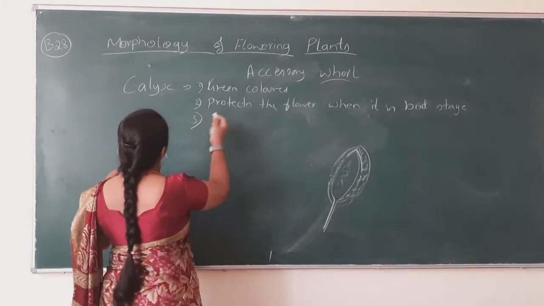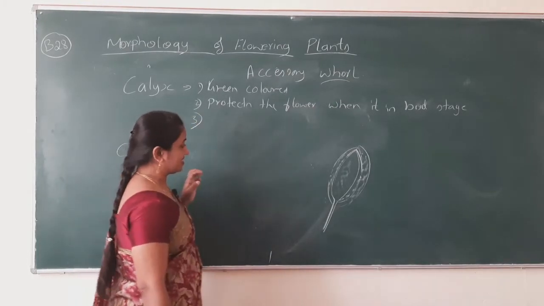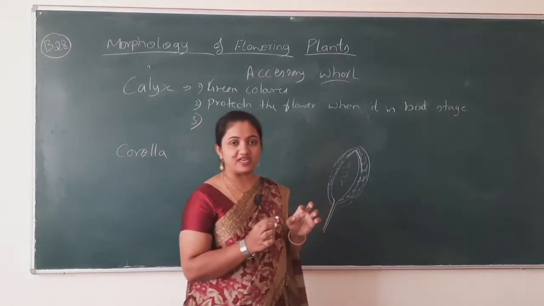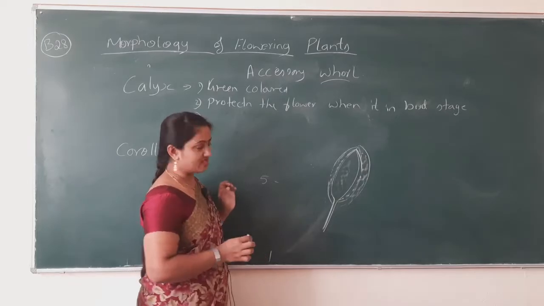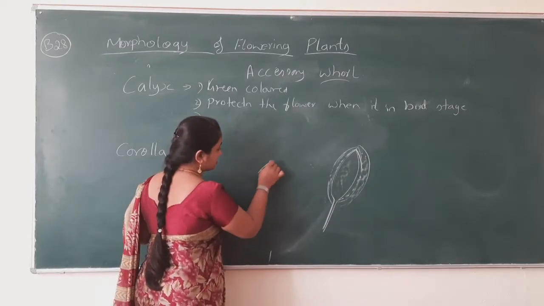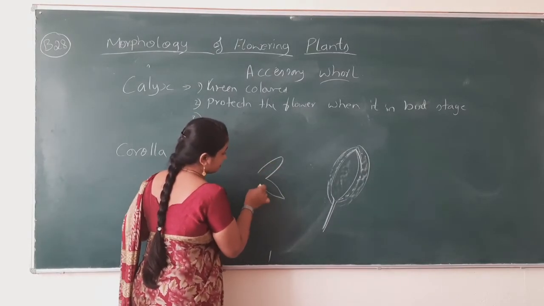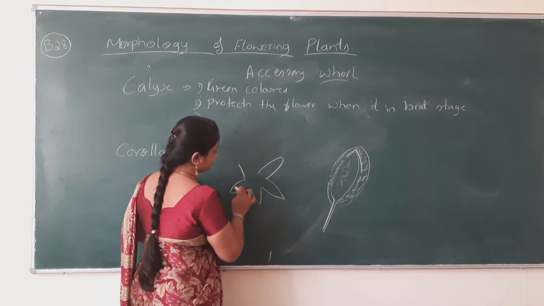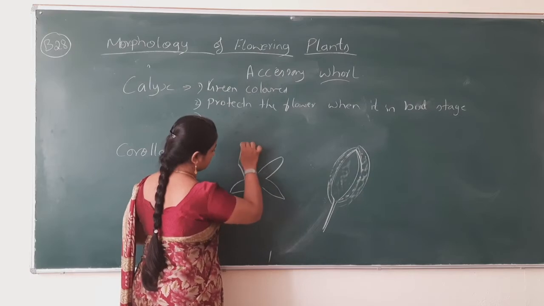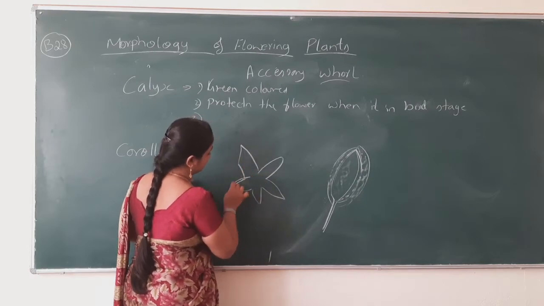And if the calyx is fused with one another... Usually the calyx will be 5 in number, my dear students. Consider each part, it will be like this, okay.